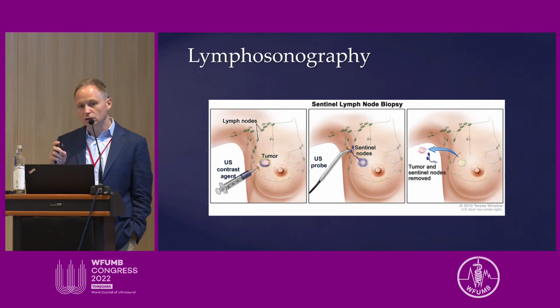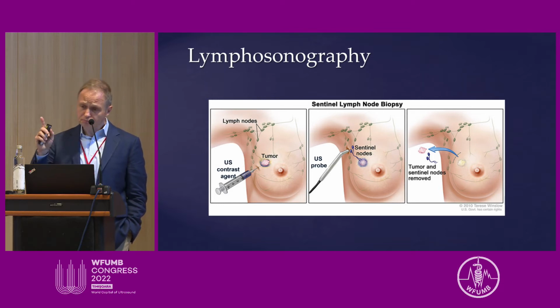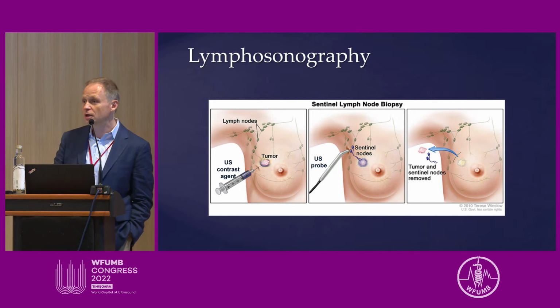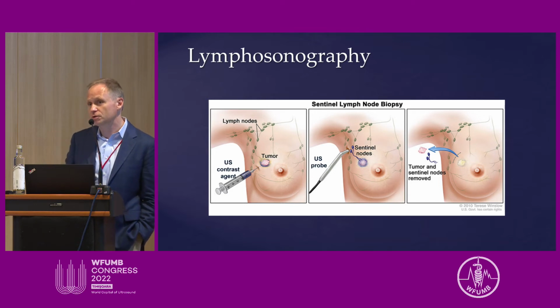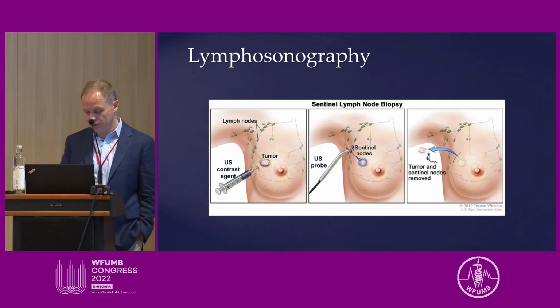They last longer, and we actually saw a couple of patients who got lymphosonography the day before their surgery, and when we did surgical excision, we still found some bubbles sitting in those lymph nodes. So Sonazoid bubbles, and probably SonoVue as well, will stay in the lymph nodes for quite some time.